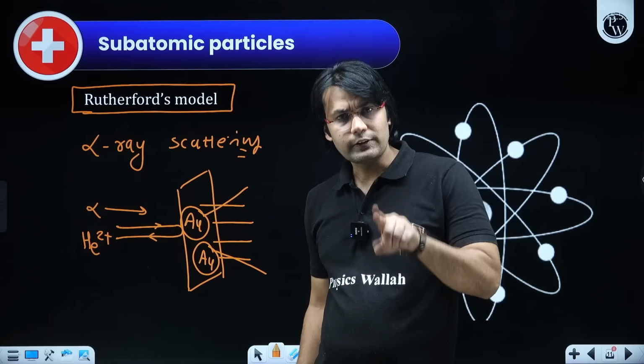And 10^-34 plus 10^15 will become 10^-19. So this will be 6.626 × 10^-19 joules. But this is the energy of one quanta, and one quanta can eject one electron.